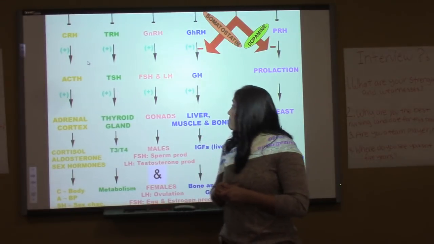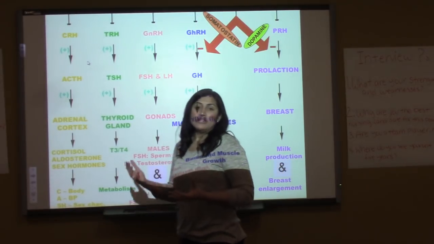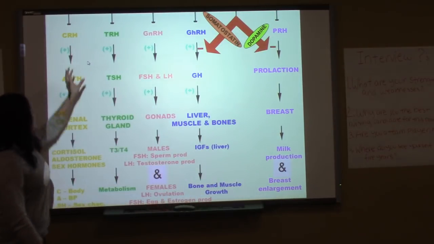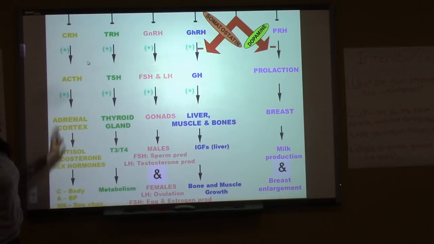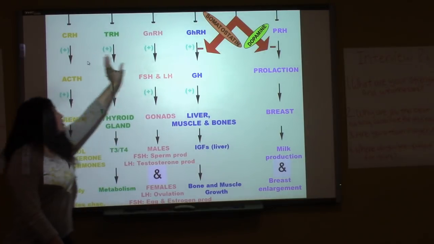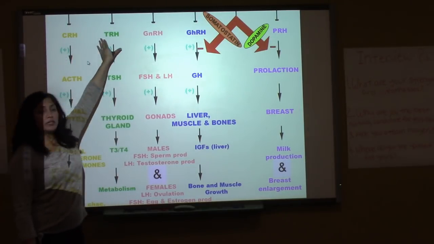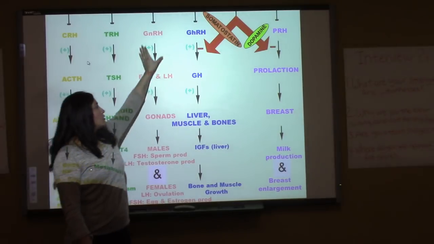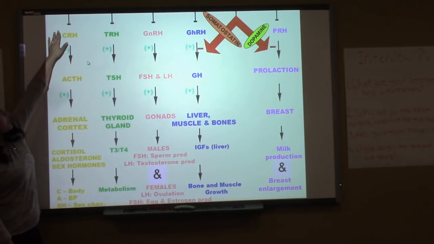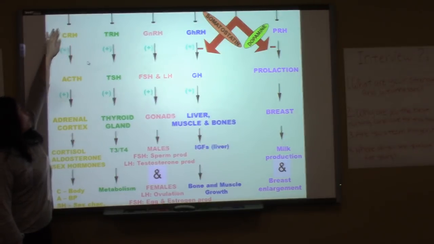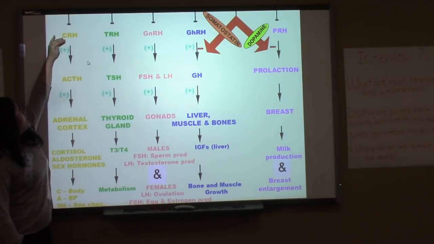So the way you read this chart is you go straight down. You don't read it this way. Each column is basically one pathway. The hypothalamus will release a hormone called CRH, corticotropin releasing hormone.